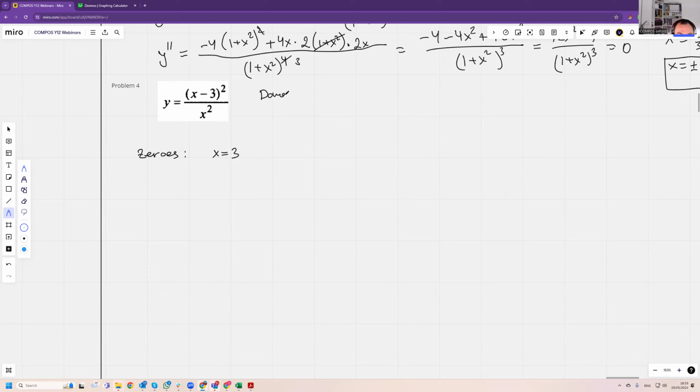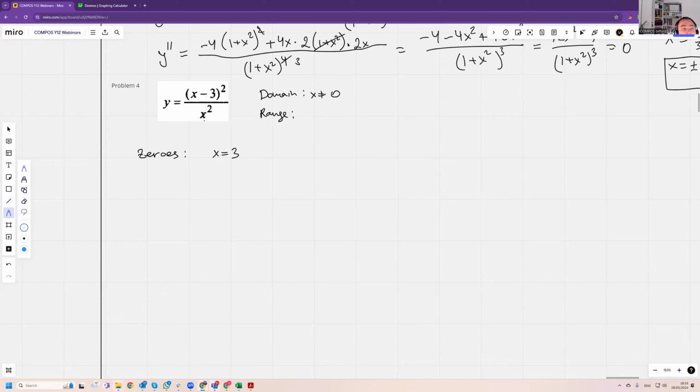Domain: x is not equal to 0. Range: well, we can clearly see it's a square number divided by a square number, so it can only be positive or 0. It clearly cannot be 0 at x equals 0, because we can't divide by 0.